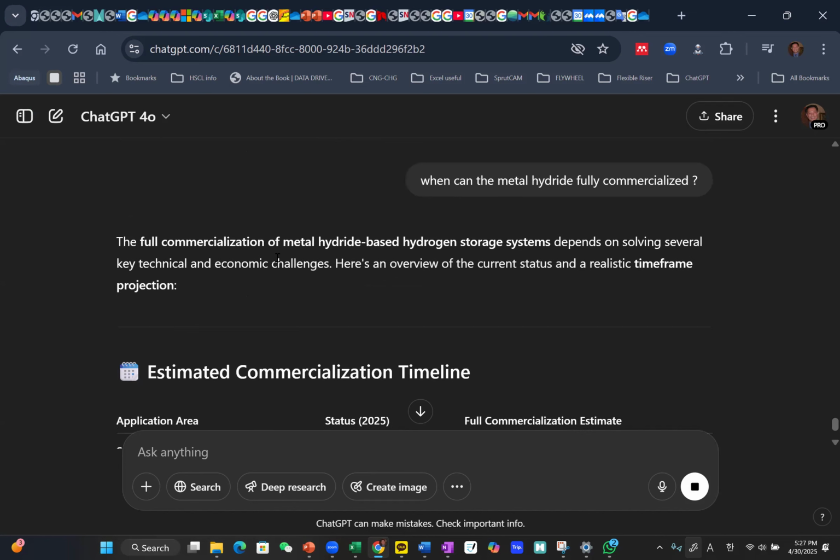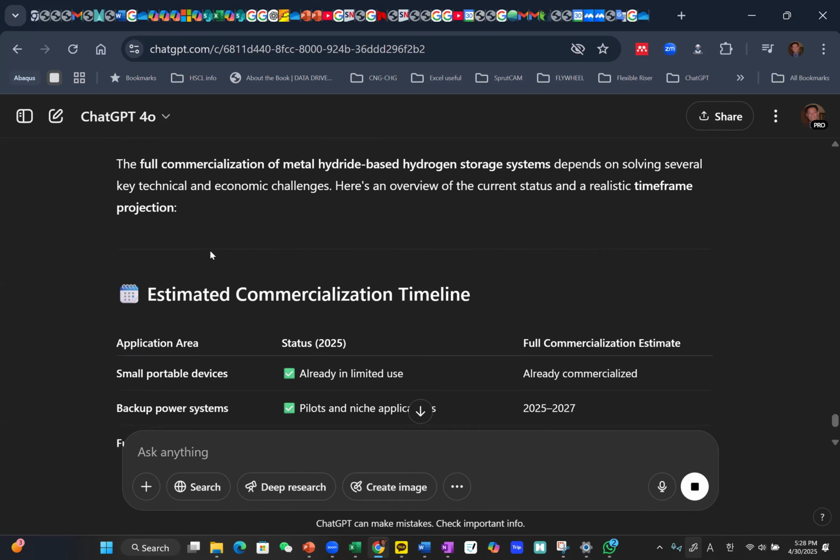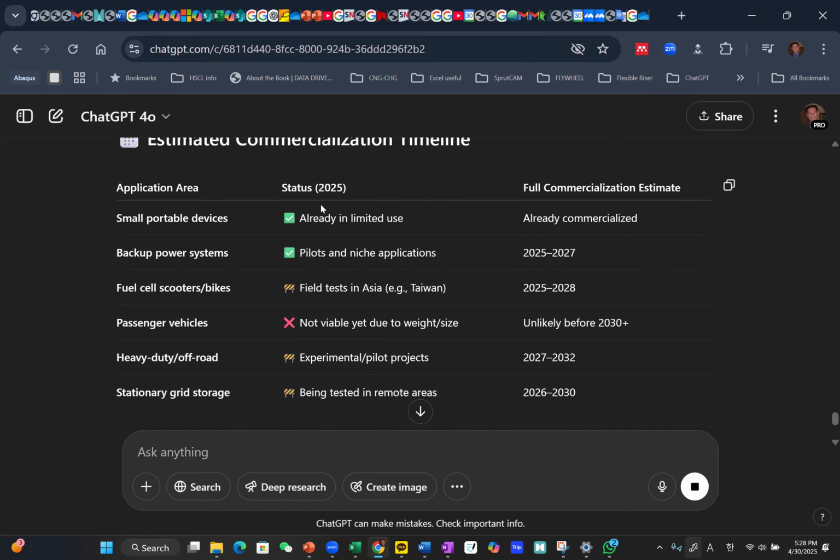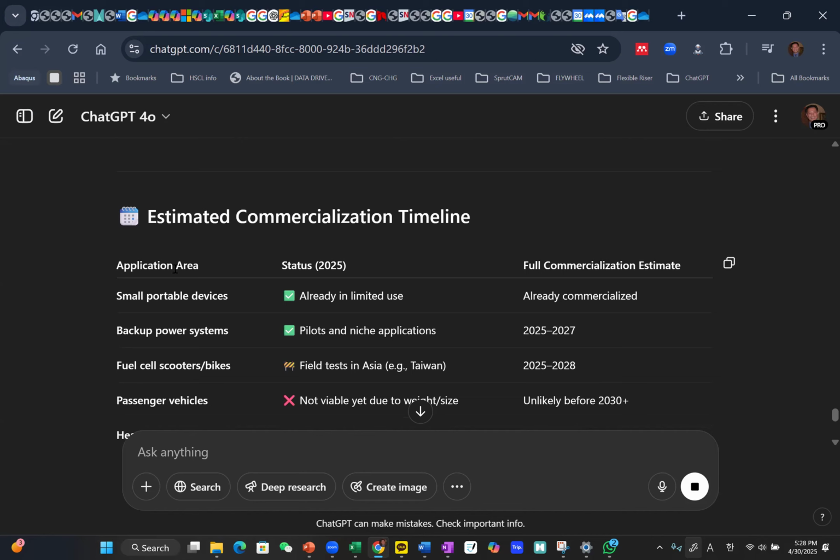The full commercialization of metal hydride-based storage depends on solving several key technology and economic challenges. So the application areas: small portable devices are already commercialized by this 2025, and backup power, as a backup power system, meaning that we need to store energy as a backup.